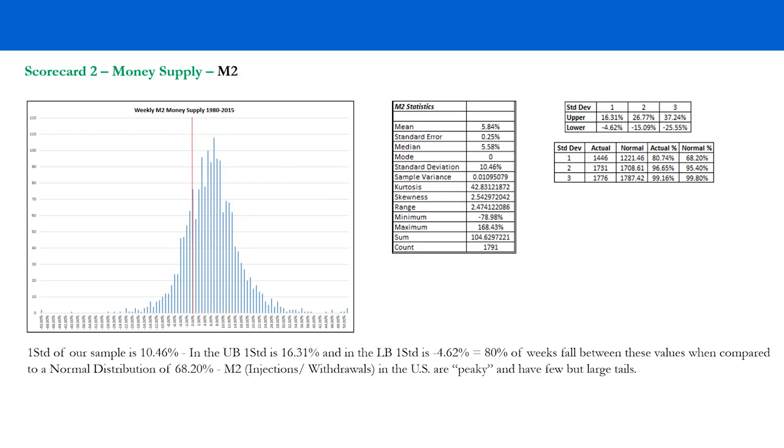And then occasionally, when we have shocks, so economic shocks, both negative and positive, central authorities react and they create extreme moves in the money supply.